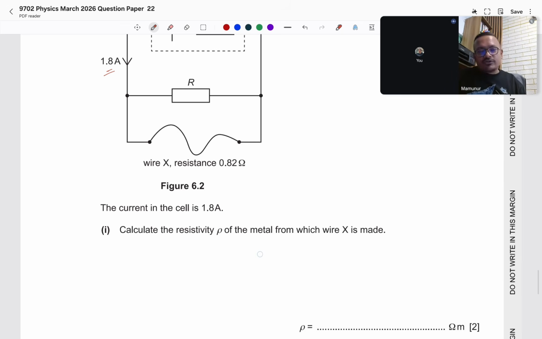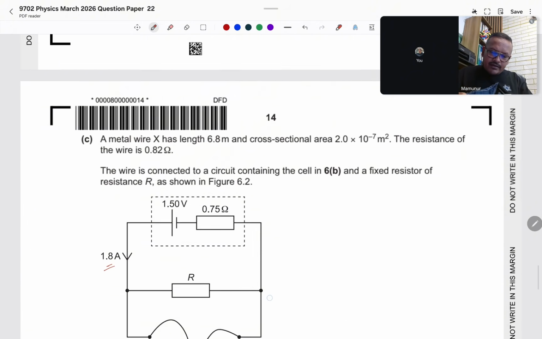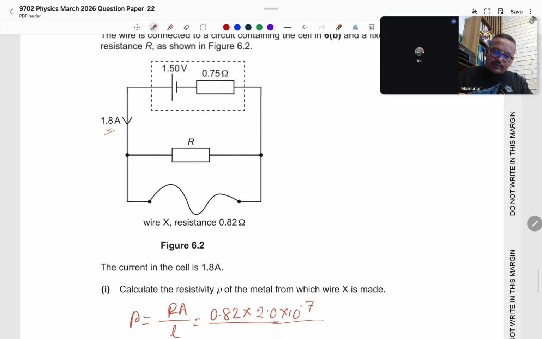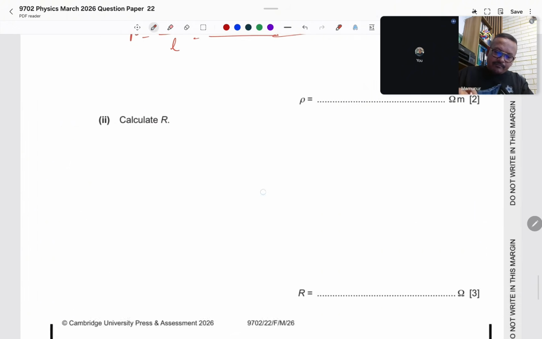Resistivity. We know the law of resistance, R equals rho L by A. So rho equals R A by L. Resistance is given, 0.82, into the cross-section area 2.0 into 10 to the power minus 7, divided by the length of the wire, 6.8 meters.